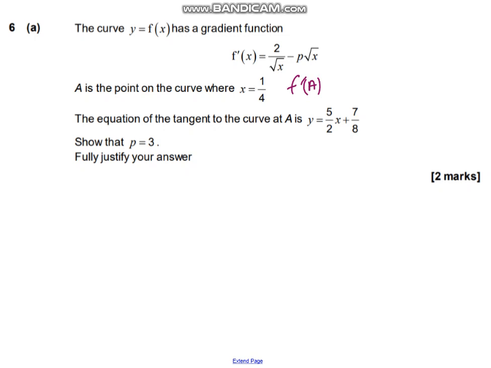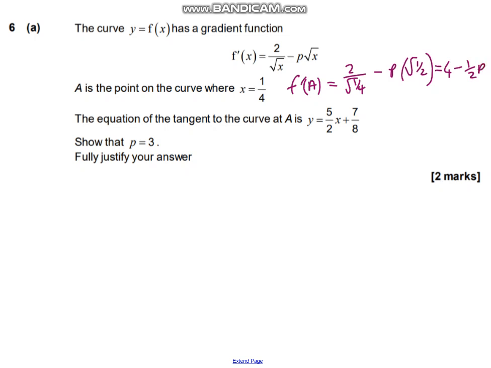That gives us 2 over the square root of a quarter minus p lots of the square root of a quarter, and that will work out to be 4 minus 1/2 p.